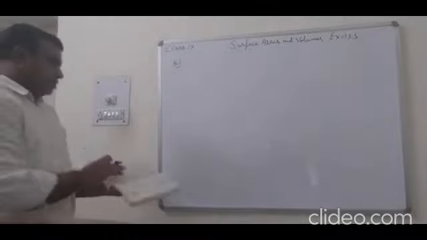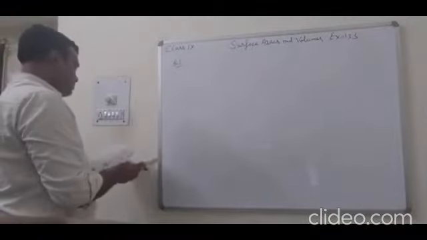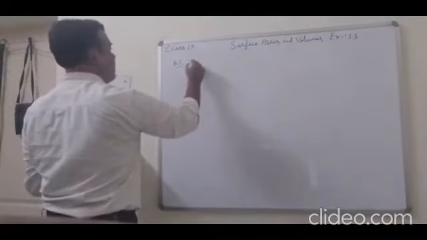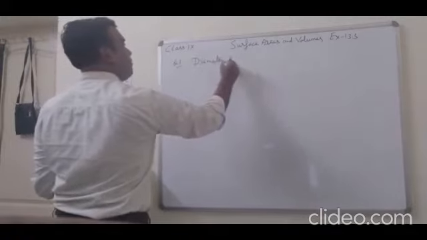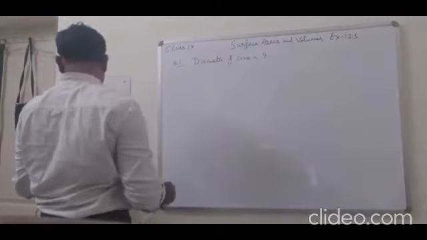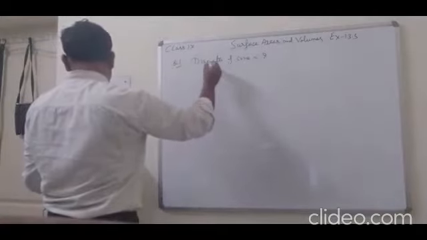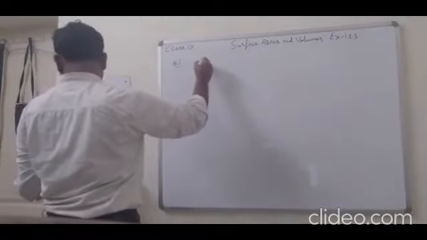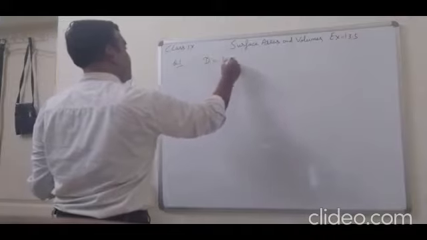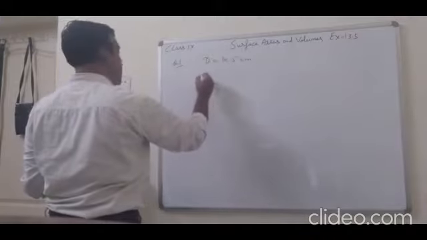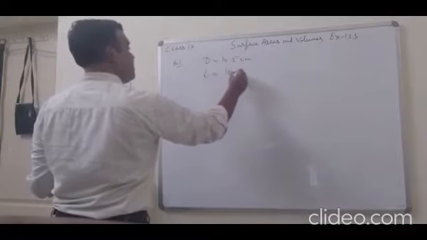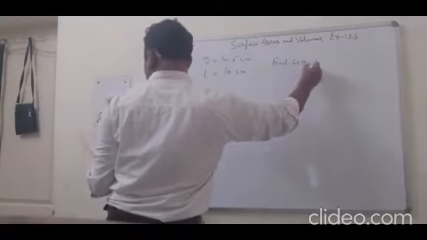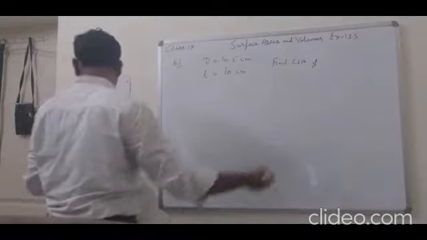Find the curved surface area of a cone. The diameter of the base of the cone is 10.5 centimeter and the slant height is 10 centimeter. Find its CSA, the curved surface area of the cone.